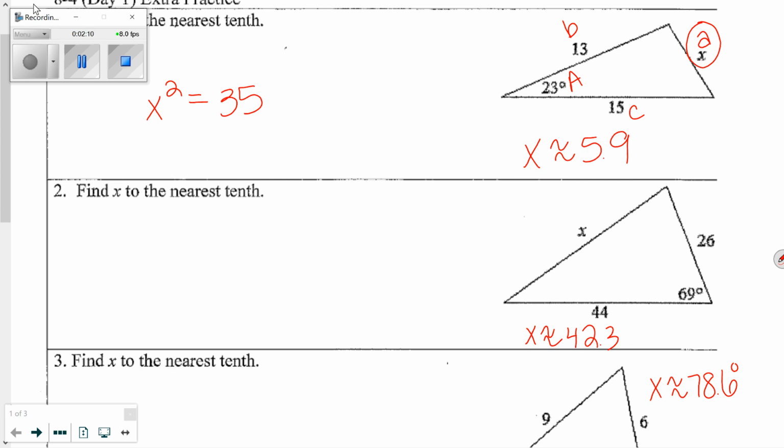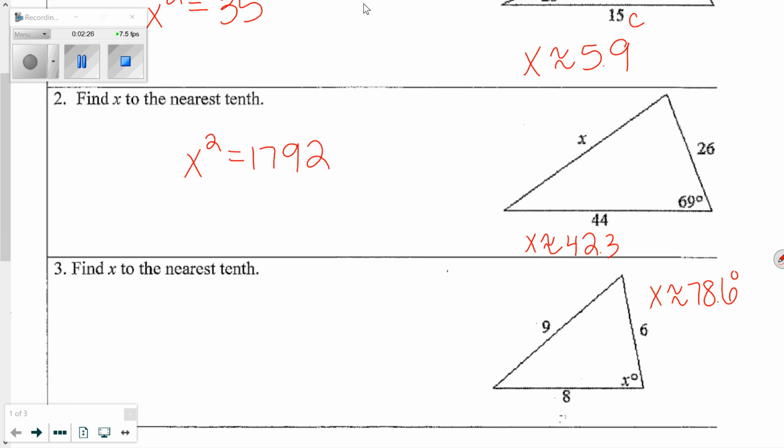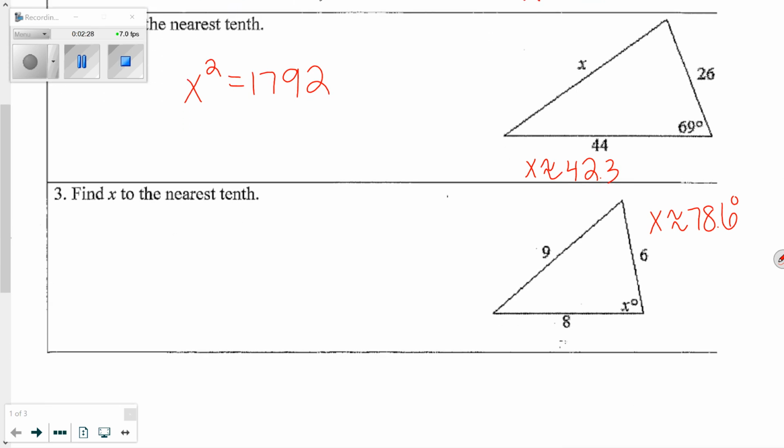Now, number 2, the step before the final step, you should be getting x squared to be about 1792. And once you square root, that's where the 42.3 comes from. Down here for the tougher one, one thing you can do a little bit more simplifying with is you could maybe get your simplifying to look like this.